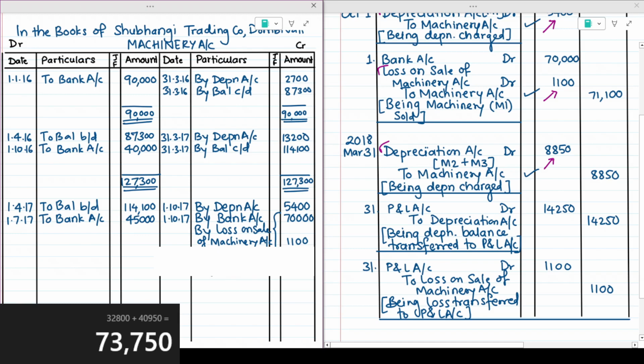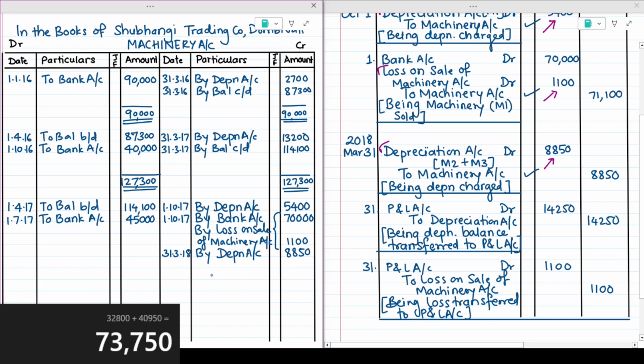And then is one more machinery entry, 8,850. This depreciation is on the remaining assets, that is machinery 2 and 3. This entry we will pass on 31st March by depreciation account 8,850. The year-end entries are not going to affect the machinery account. So our posting is done.